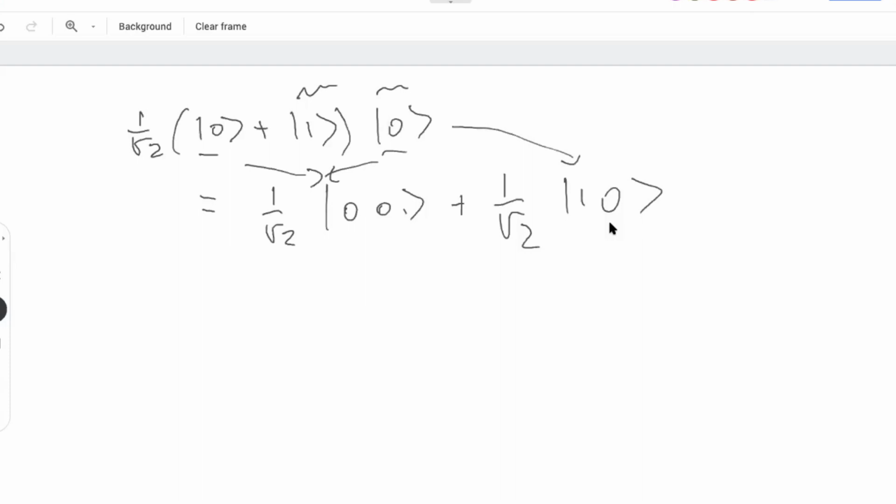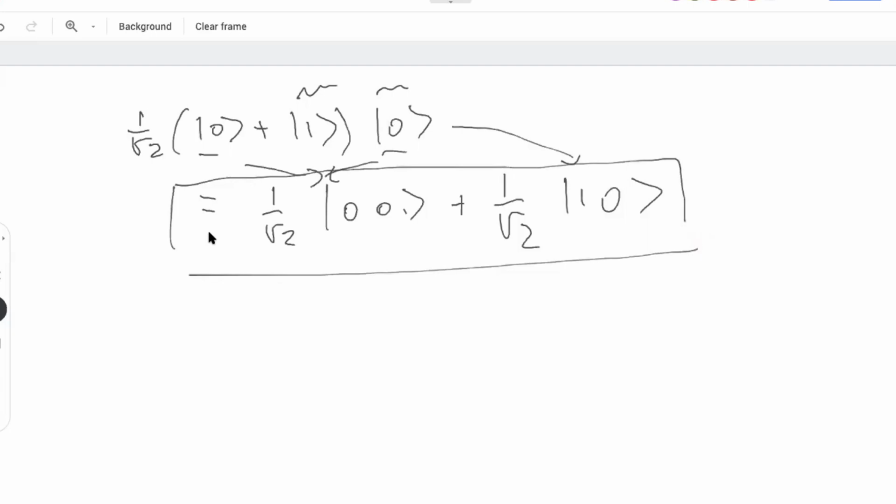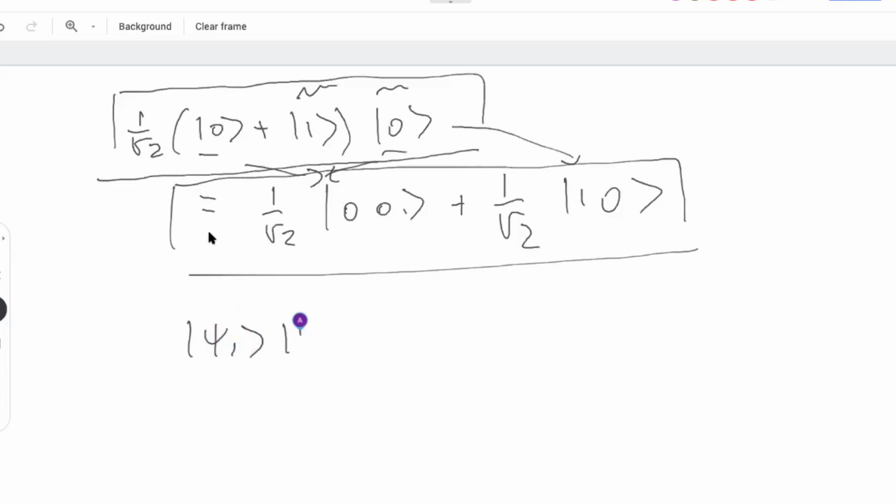Okay, so from now on, we will be using not just the notation like below, not just this notation here, but we will also be using this notation here. And we interpret it to mean exactly the second thing, okay? So whenever we write from now on, psi 1, psi 2, okay?